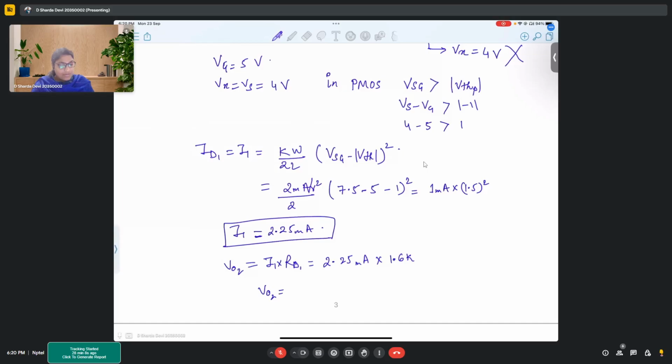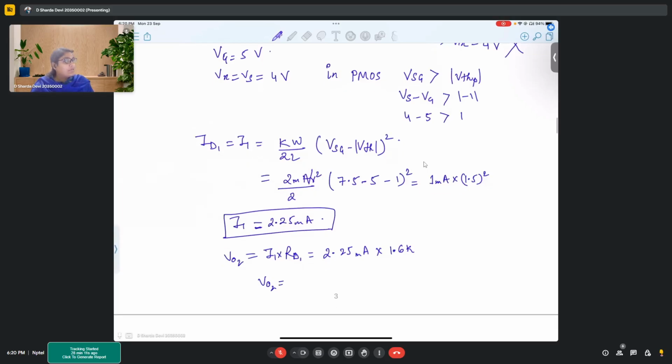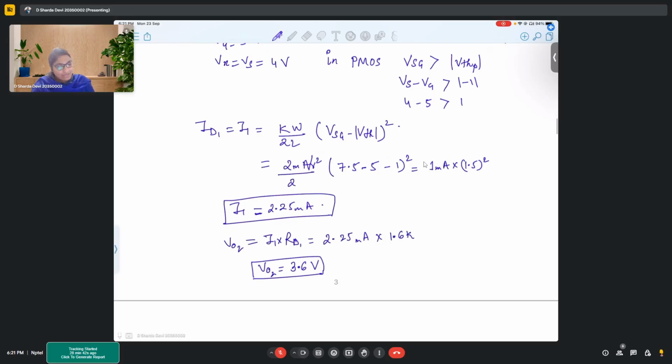Okay. So the V output voltage that we obtain with the DC supply and DC common voltages is 3.6 volts, correct? So now, if you have 3.6 volts, what is the lowest that you can go?